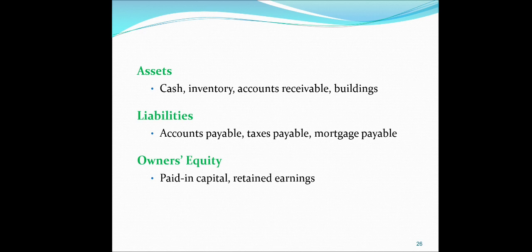Account receivable is like this. Let's say you have a business, and a customer purchases some products today from your shop. For example, you have a grocery shop and one customer purchased groceries for 100 ringgit and said he will pay at the end of the month. So that 100 ringgit, in accounting, you have to record as an account receivable. Dalam bahasa Melayu kita panggil akaun belum terima ataupun akaun penghutang.